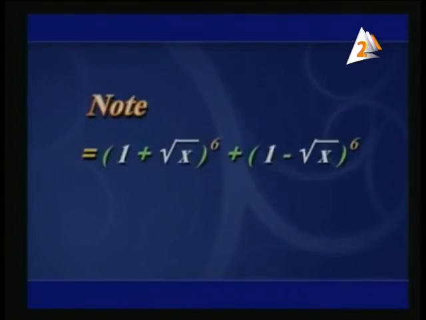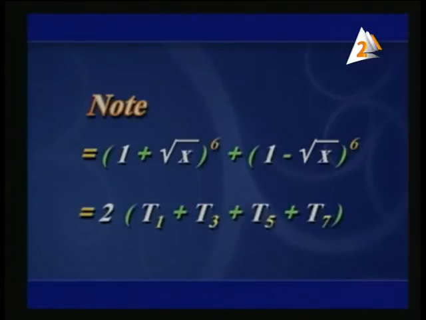Note that (1 + √x)^6 + (1 − √x)^6 equals twice the odd terms T1 + T3 + T5 + T7.